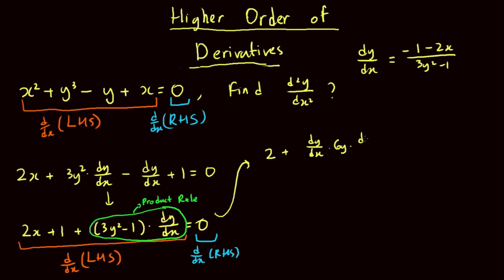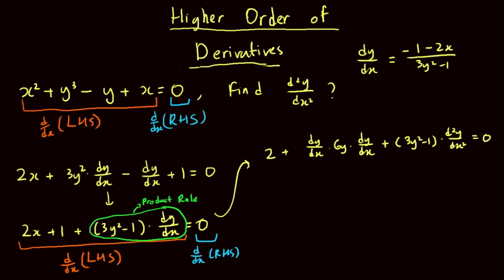Again, don't forget we have a dy over dx, plus 3y squared minus 1, and we're going to take a different derivative, it will become d squared y over dx squared, and that would be it. It will be equal to 0.